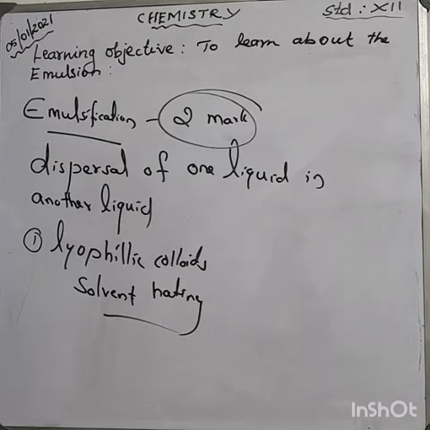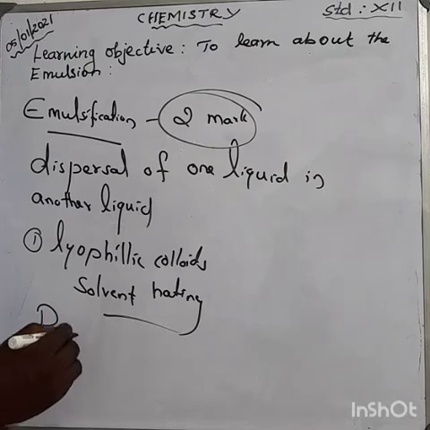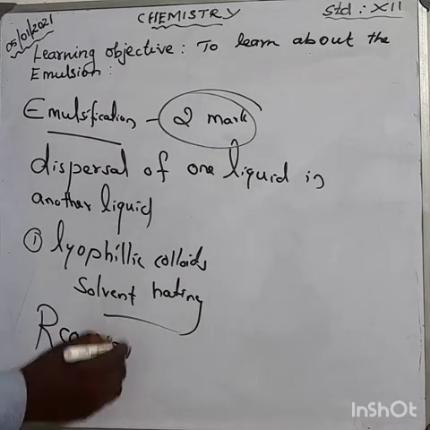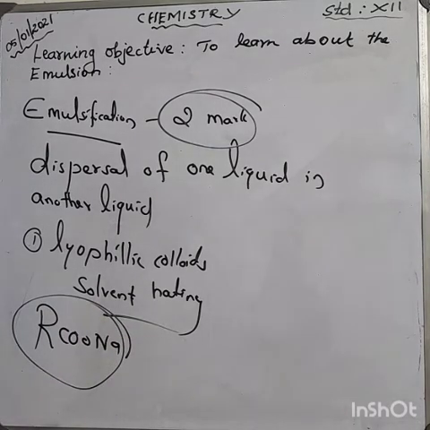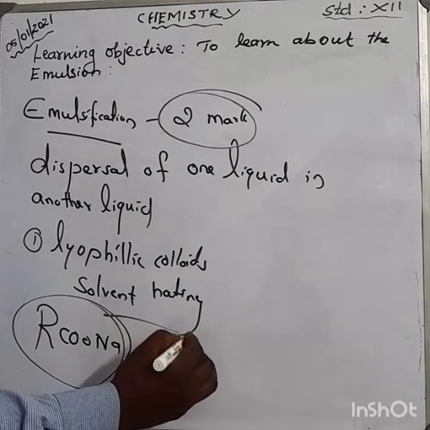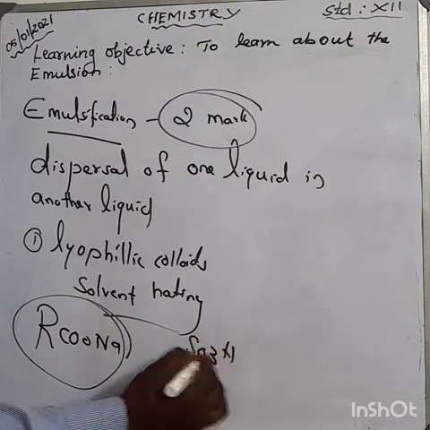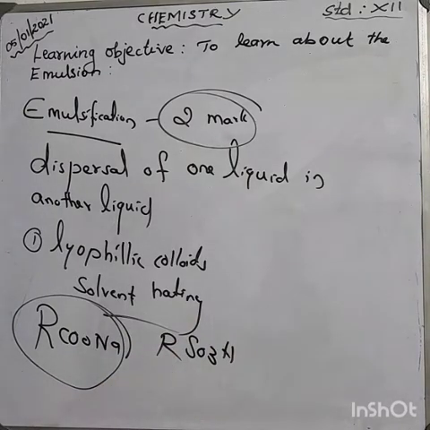Also long chain compounds with a polar group like soaps and sulfonic acids. Soaps, RCOONa, are long chain fatty acid salts. Sulfonic acid means SO3H. We also take insoluble powders like clay and lampblack.